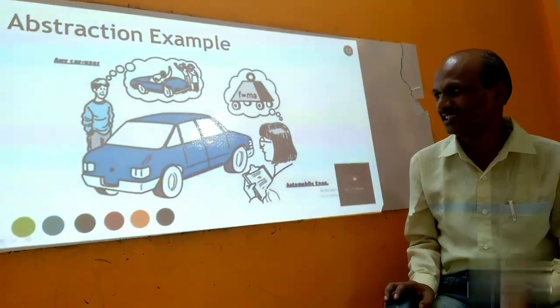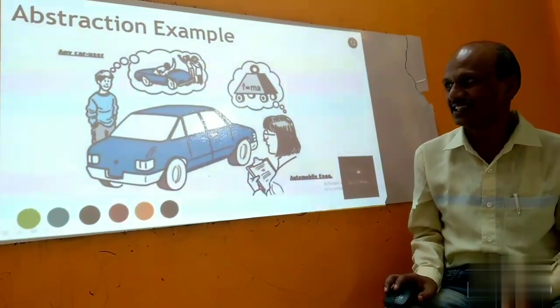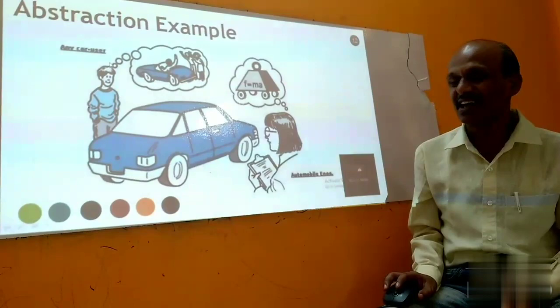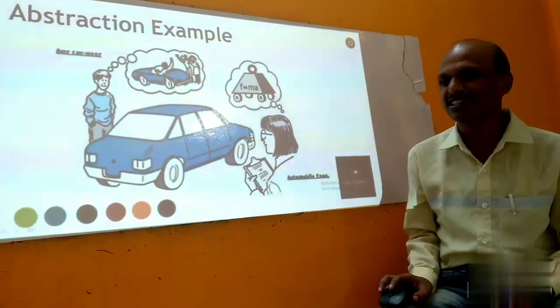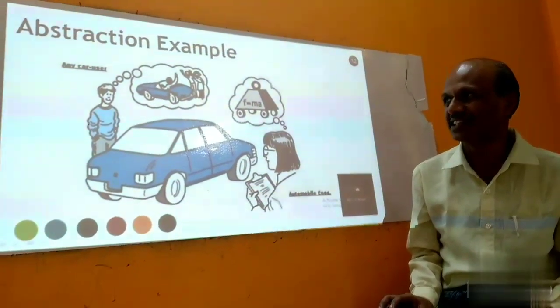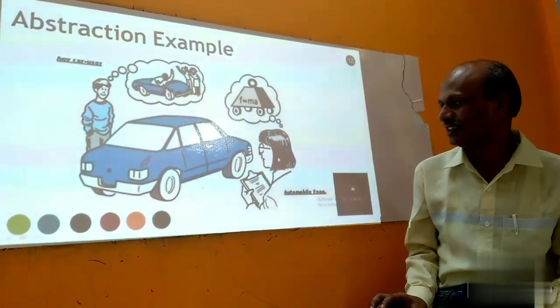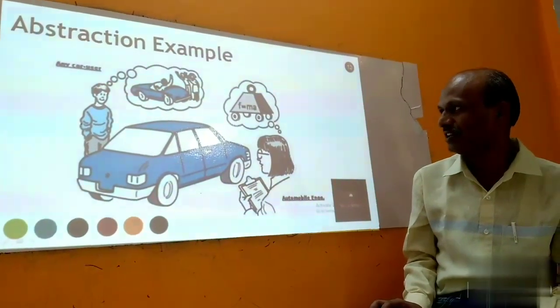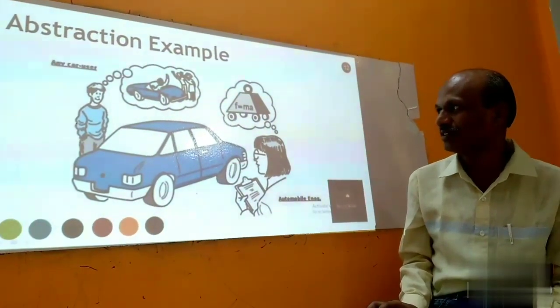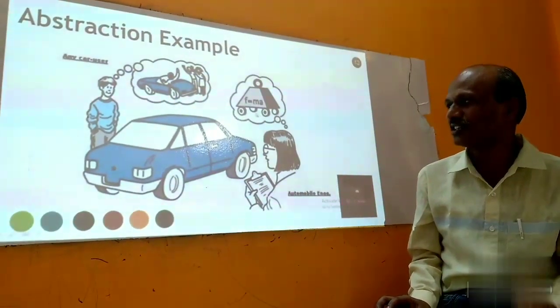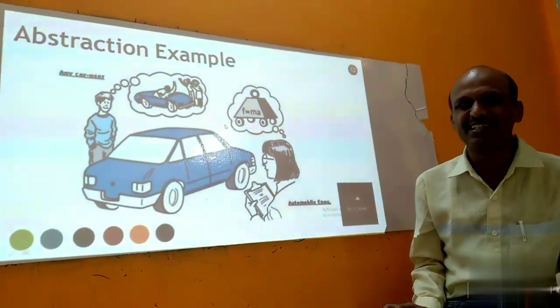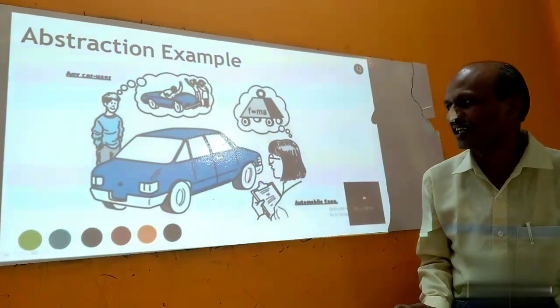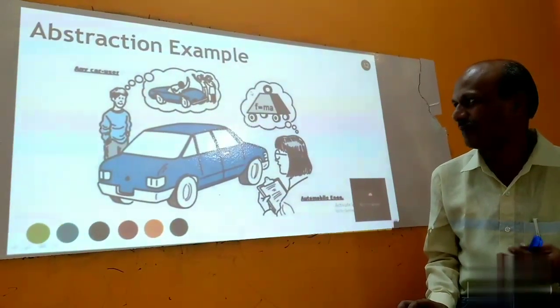For example, this is a car, and this person is a normal user who is using the car for a picnic, vacation, office or anything. And this is an automobile engineer who will think about the speed of the car, the force of the car, or the internal working of the car, how the engine will work, F equals m a.